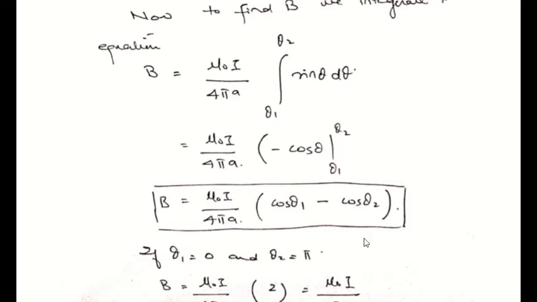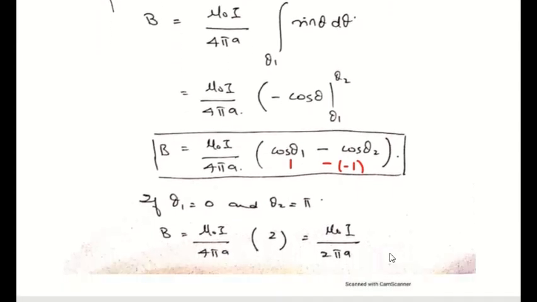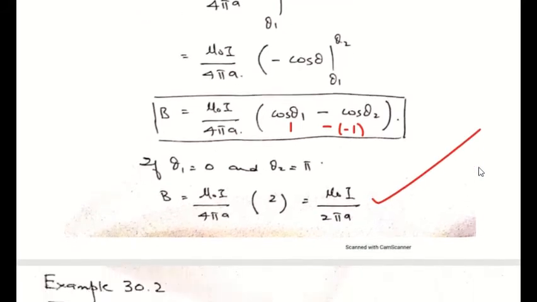So let us take the extreme values, that is when theta 1 is 0 and theta 2 is pi, then 1 minus (minus 1) will give me 2, and I have B is equal to mu naught I over 4 pi a into 2, which will give me mu naught I over 2 pi a.